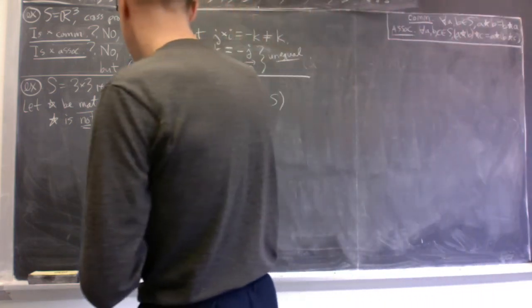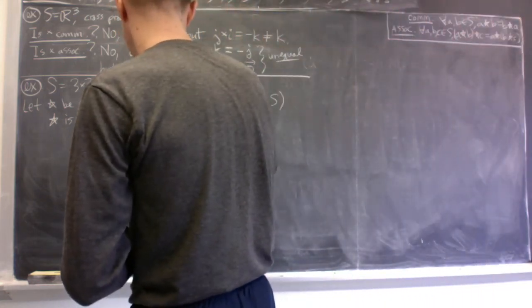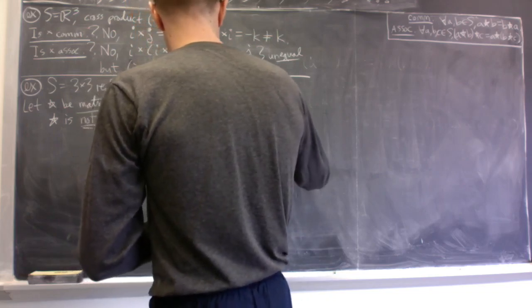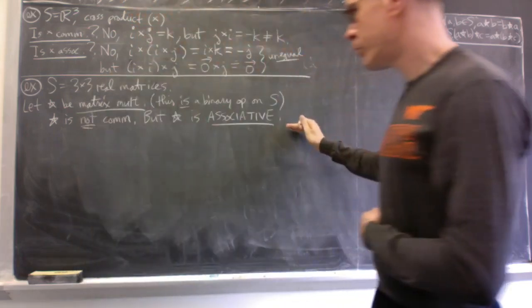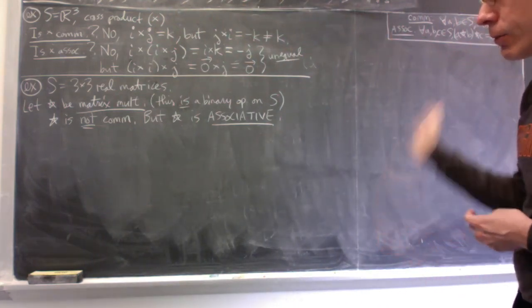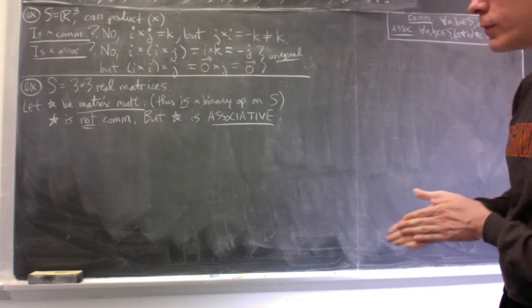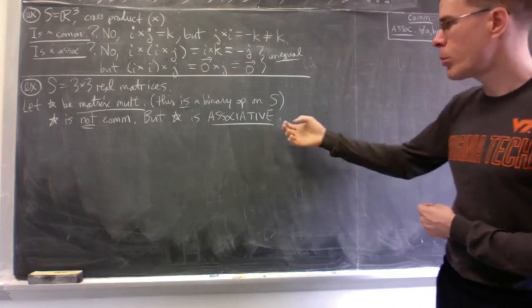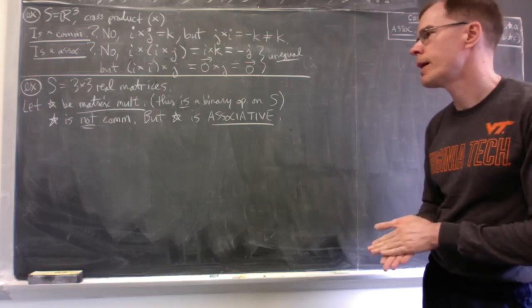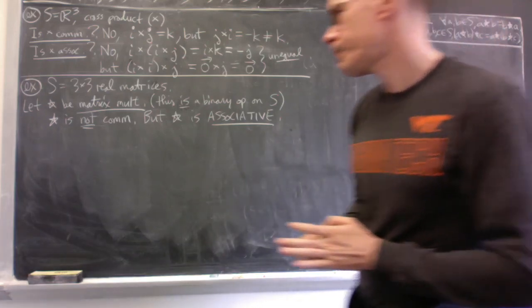Matrix multiplication is associative. I will omit the proof of that. What we'll see is that sometimes associativity is more basic and easier to get to work than commutativity. So you'll have these non-commutative operations, but we will have associativity most of the time for the ones that we look at. Okay, so that's a possibility.